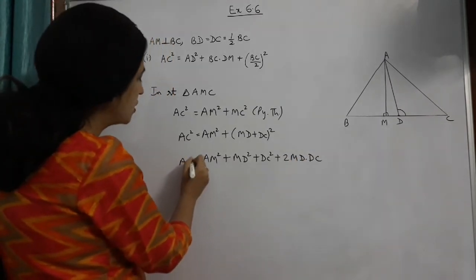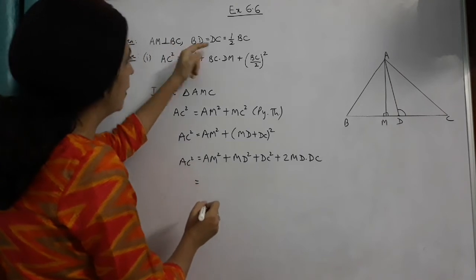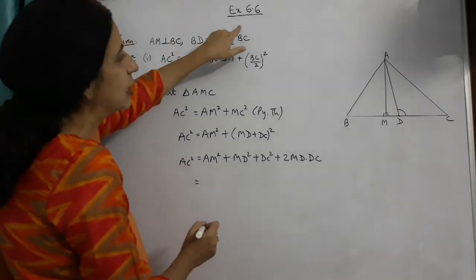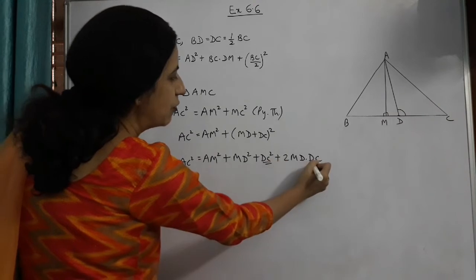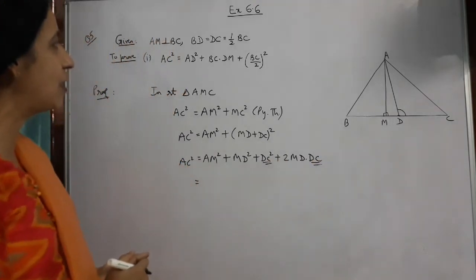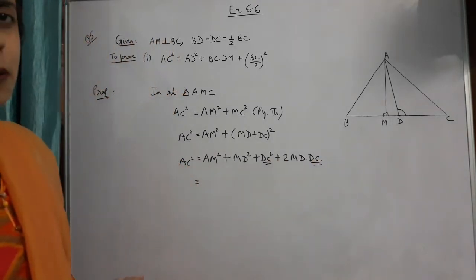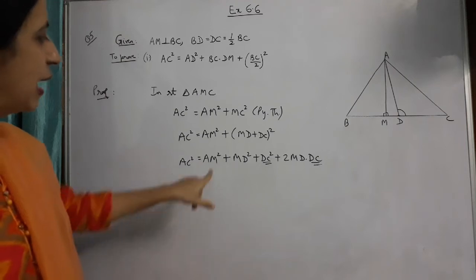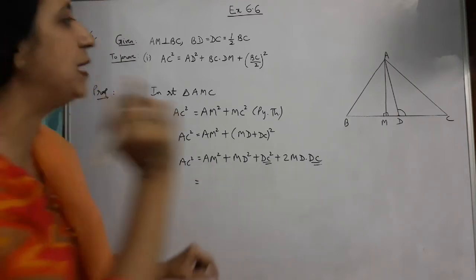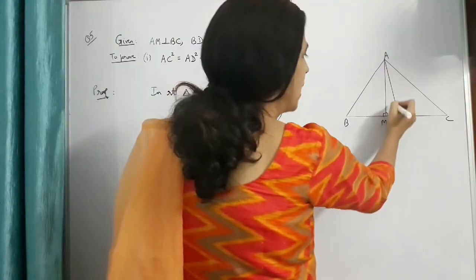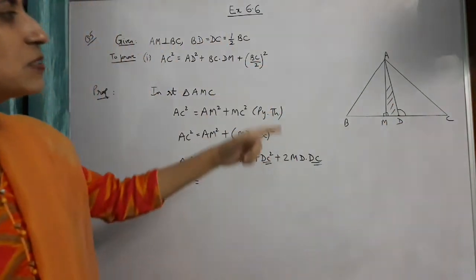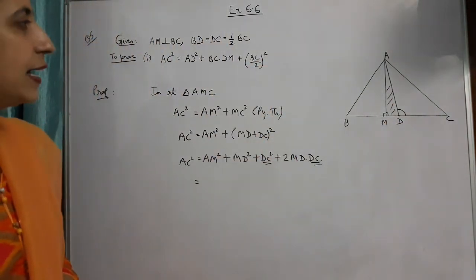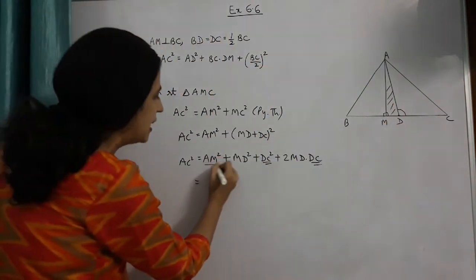But what have we written over here? That DC can be written as half of BC. So in place of DC, wherever we have DC, we can write down half of BC. Also AM square plus MD square. If you look at this right angle triangle, AM square plus MD square can be written as AD square.